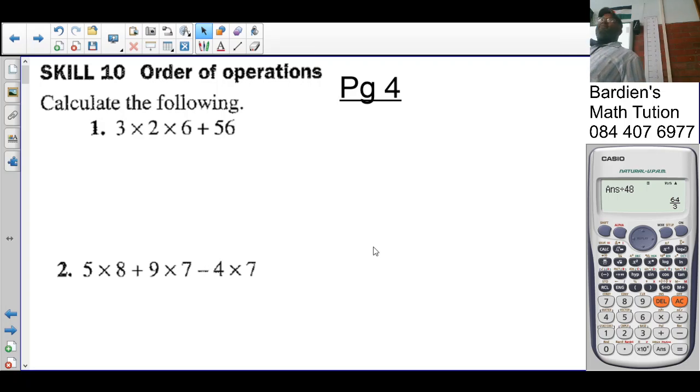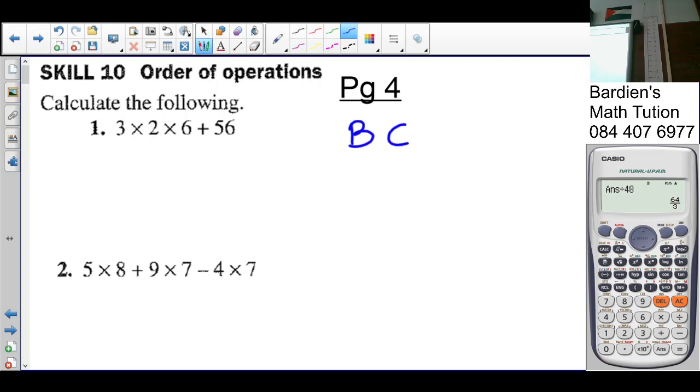Page 4. In BODMAS, what is the order of operations? Brackets, of, multiplication, division, addition, and subtraction.